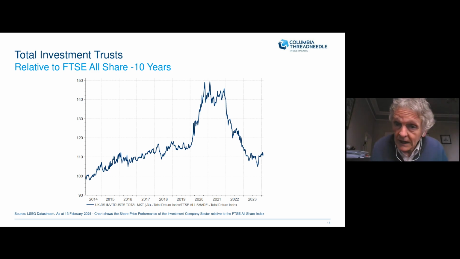So that's what I was saying earlier. The FTSE 100 was doing better. What you've seen more recently in 2023, second half of the year, moving sideways, but then in November, December, and actually subsequently, you've seen investment companies beginning to perform really quite strongly.